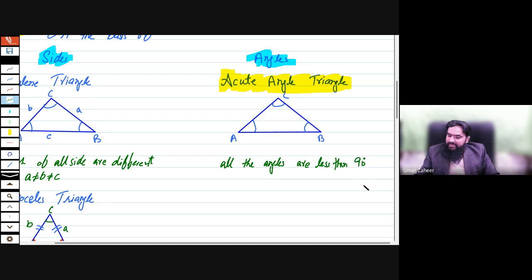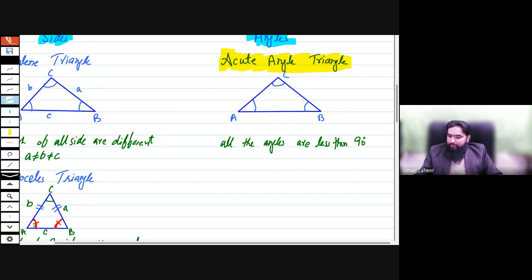Such a triangle is known as an acute angle triangle.